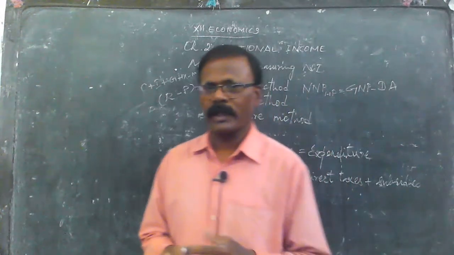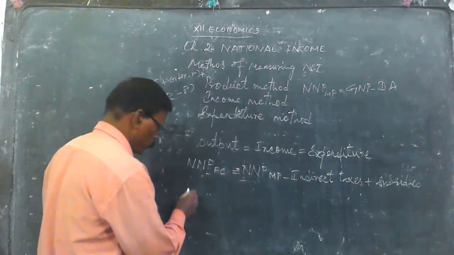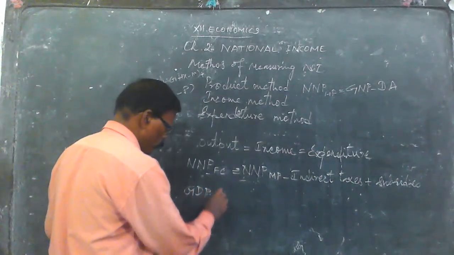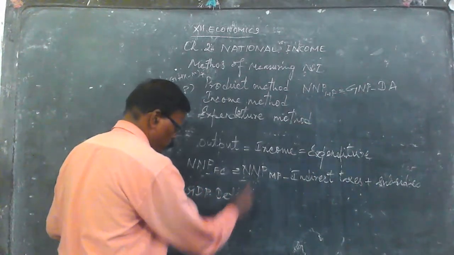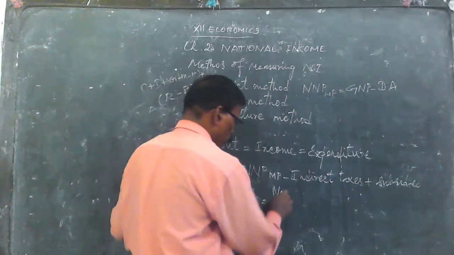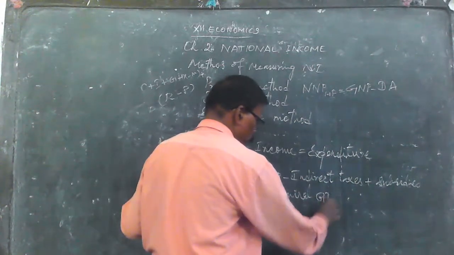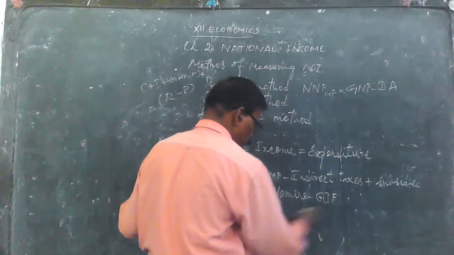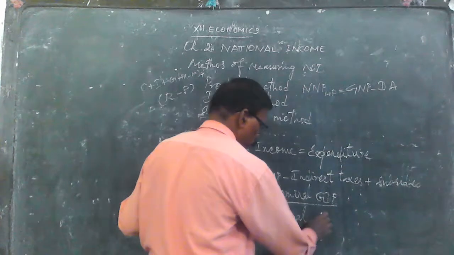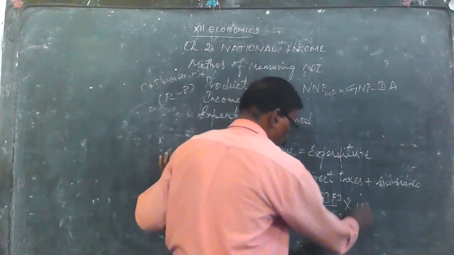So you can understand this in this expression: GDP deflator is equal to nominal GDP divided by real GDP, multiplied by 100.